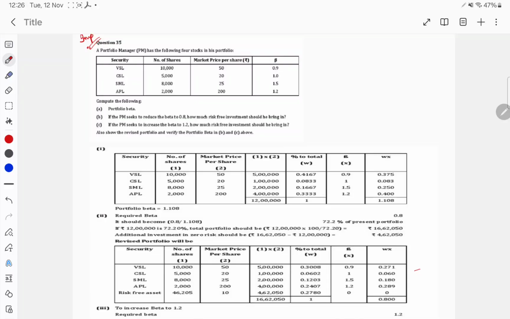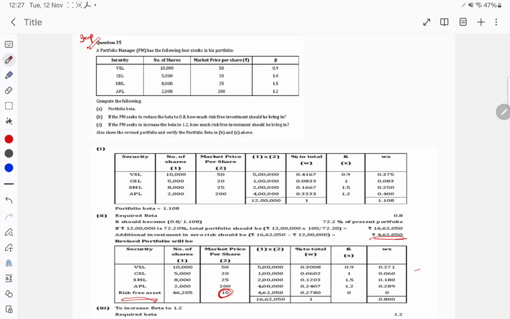You prove that the value you have calculated for risk-free portfolio is the correct value. How will you do that? You write the values of all the securities, the number of shares, the market price, and also the risk-free value which you have calculated above, 46205, and the market price you will take in all cases as rupees 10 only.